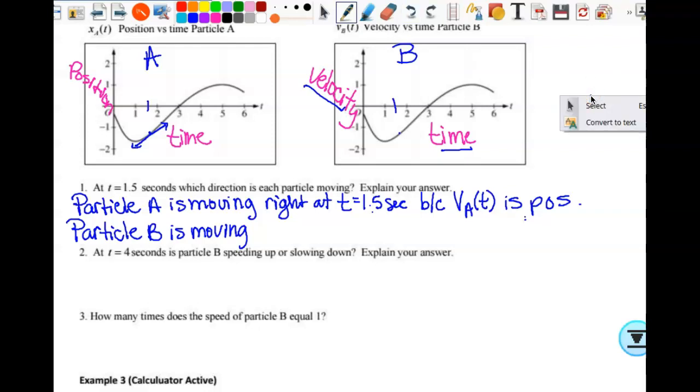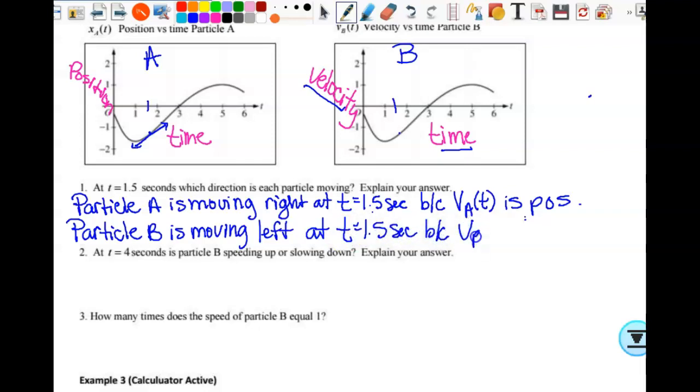So it is moving left at t equals 1.5 seconds because v sub b of t is negative, or less than 0, however you want to say it. Okay.